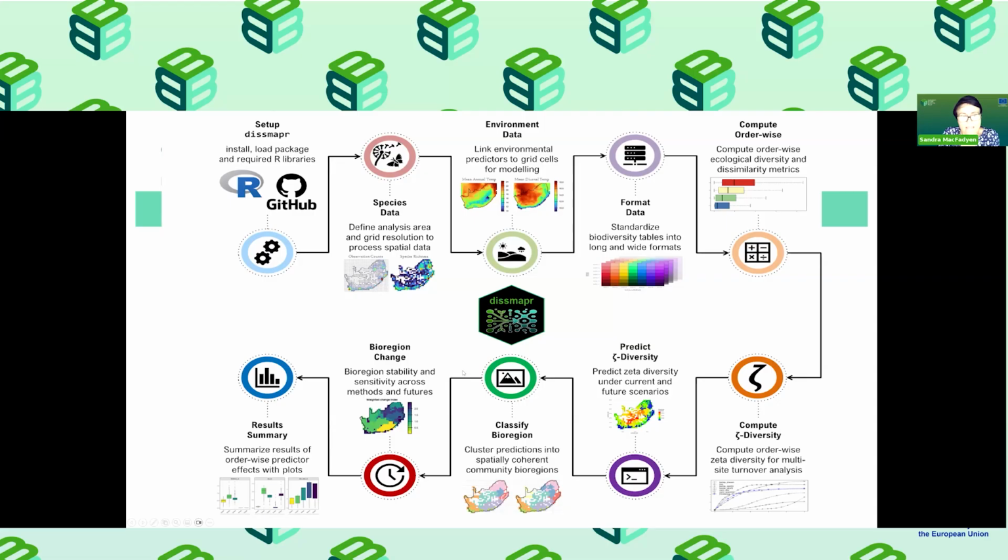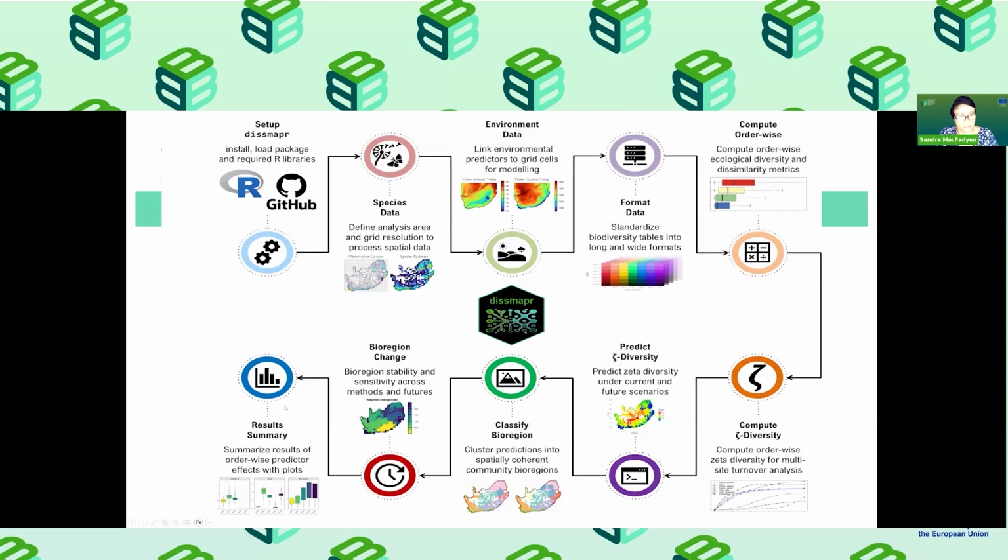And then importantly, we've got some functions that look at bioregion change. Essentially, this is what we want to know in terms of the climate change worries that we have at the moment: where are these biomes going to shift? This bioregion change will help you do that.